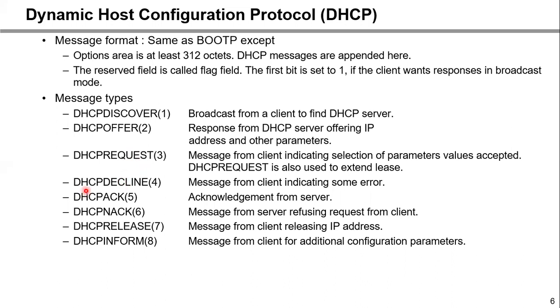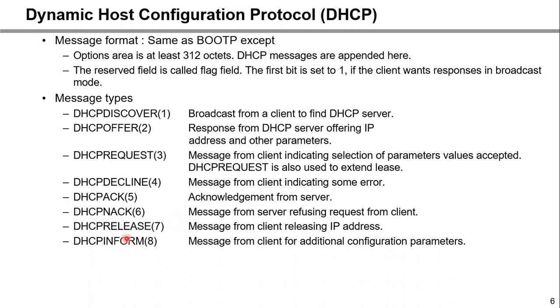Then you have DHCP decline, a message from the client saying, I don't want these parameters, I don't agree with them, I don't want this IP address, or something like that. Then there is DHCP acknowledgement: if you are accepting the parameters, the server acknowledges the particular DHCP request. Then DHCP NAK, that is the negative acknowledgement from server to client.